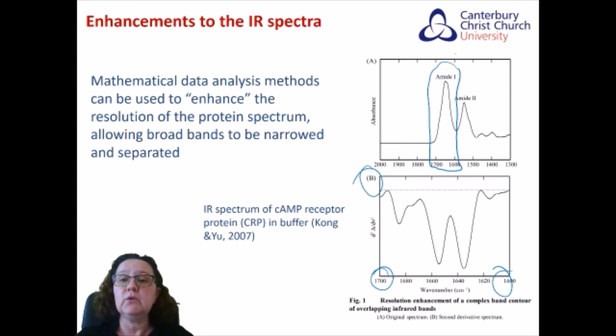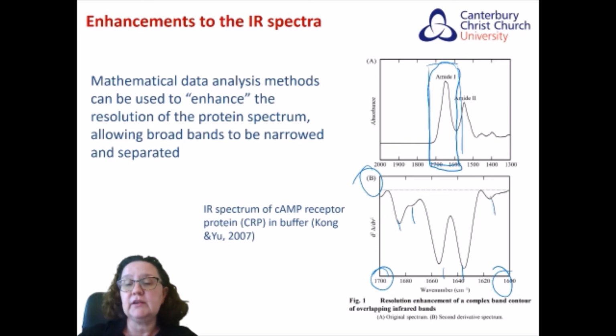As you can see, what in the original spectrum is just a band actually appears as several bands and shoulders, and those are easier to see. And then when a reaction takes place, hydration, deuteration, and enzyme activity, it's easier to see how those peaks change and move according to the reaction. So it's not so much the raw, original spectrum, but the treatment of that spectrum that will give you the information.